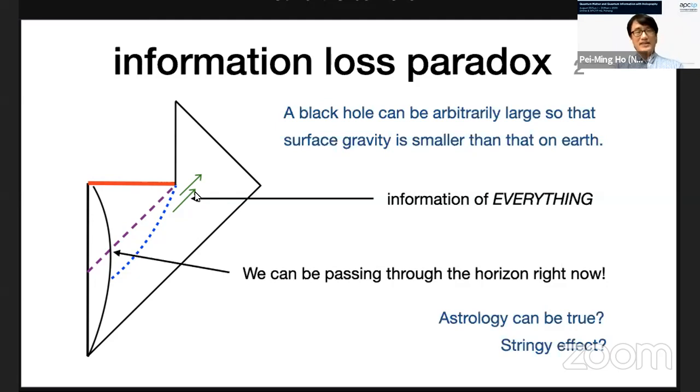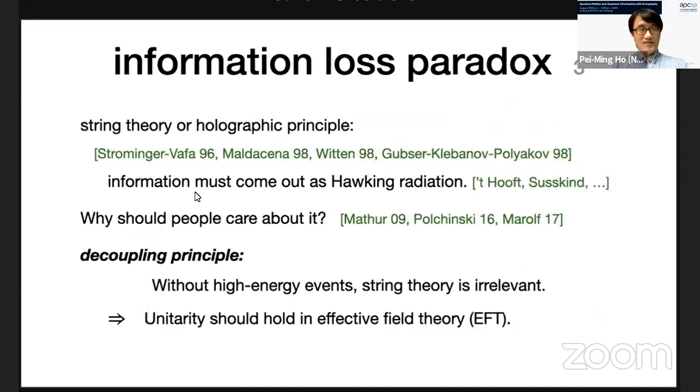Of course, people may say that there's a string effect, because according to string theory, we have many evidences that information would be preserved. Unitarity would be intact. However, there is a very important principle, the decoupling principle, which says that if there are no high energy events, the high energy theory should be irrelevant.